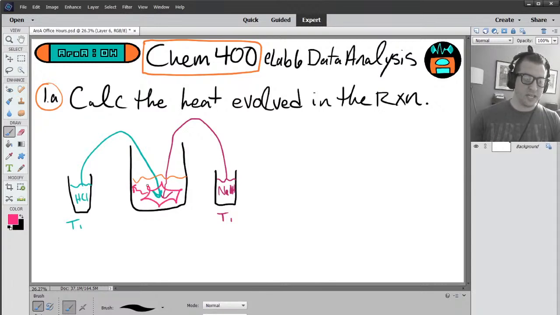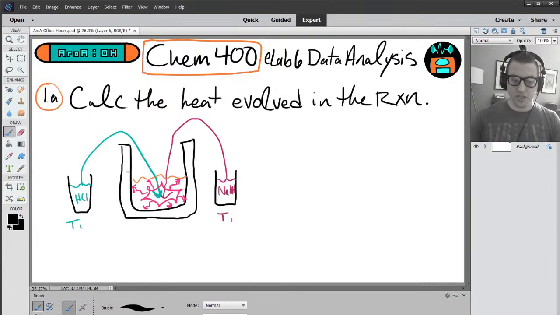The reaction is going to release a ton of heat into the surroundings. And the thing is, we're doing this inside a calorimeter. So the temperature of the solution is going to go up, but also the calorimeter itself is going to absorb energy.